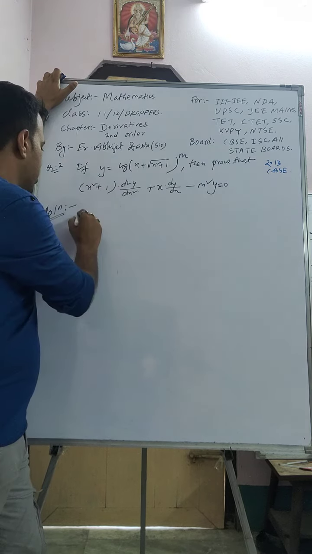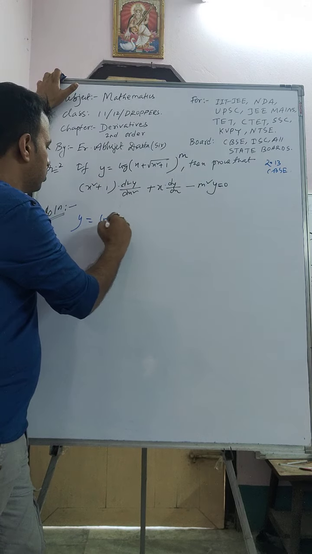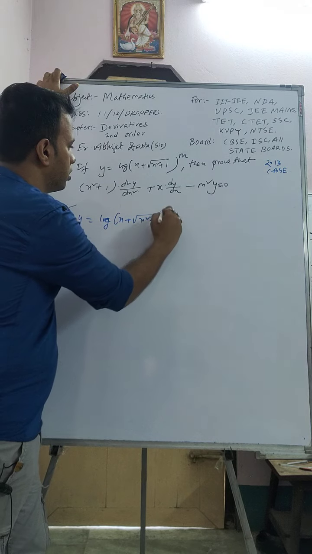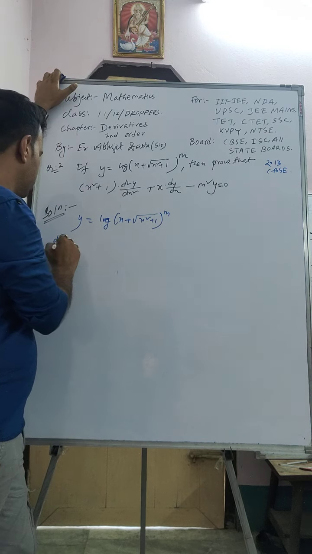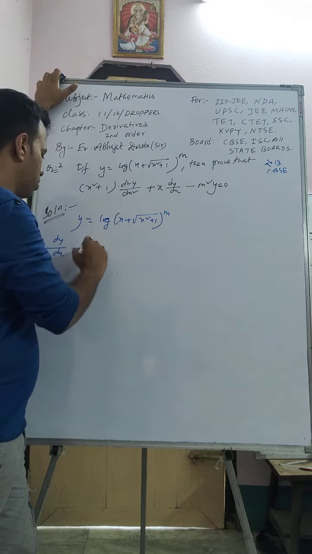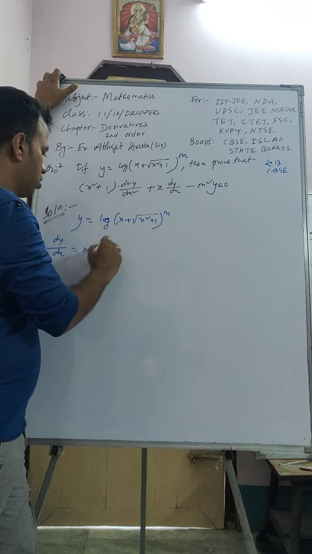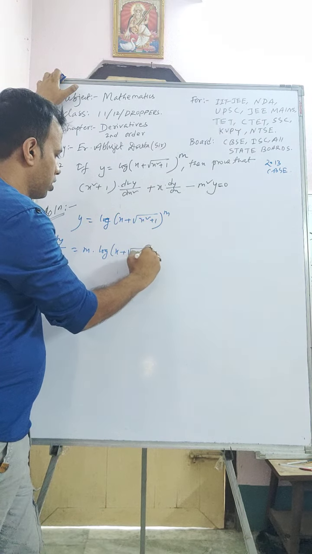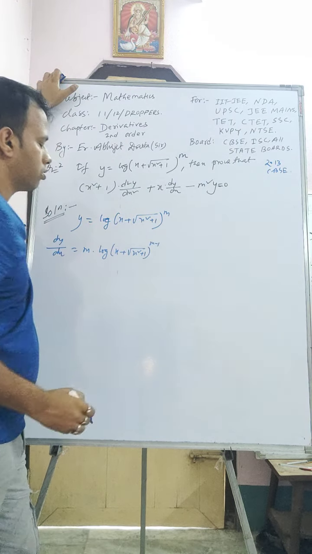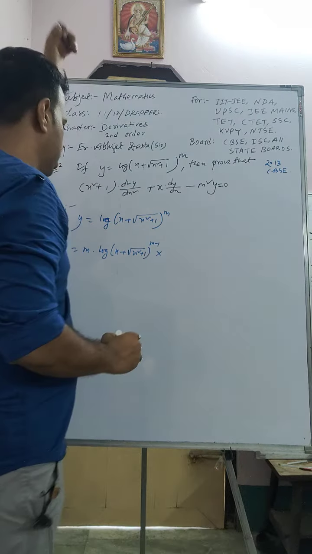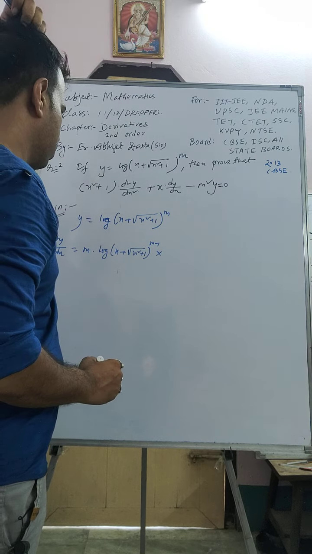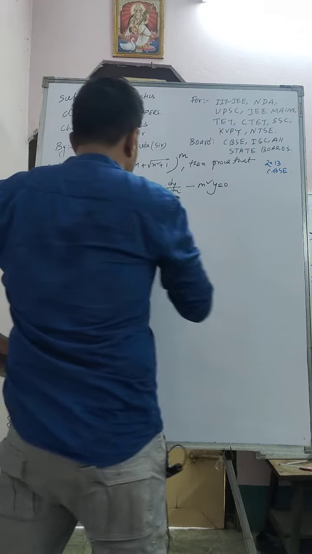Okay, so let's try. y equal to (log of x plus root over x square plus 1) whole to the power m. Now differentiate this one, dy by dx, there will be m times (log of x plus root over x square plus 1) whole to the power m minus 1. Okay, now again differentiate this one.